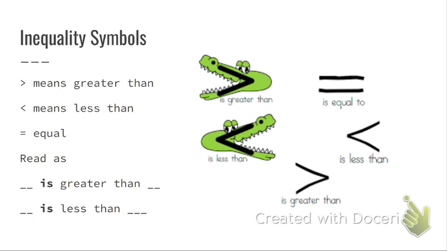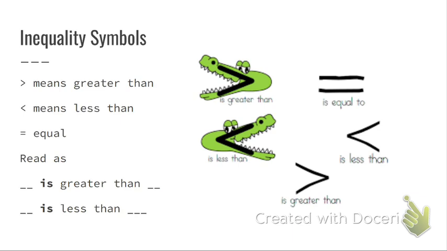So you've seen me use some of these symbols as I've already started making some comparisons. One way that you might remember is that an alligator would want to eat a lot. And so the symbol is going to open to the greater number and point at the smaller number.